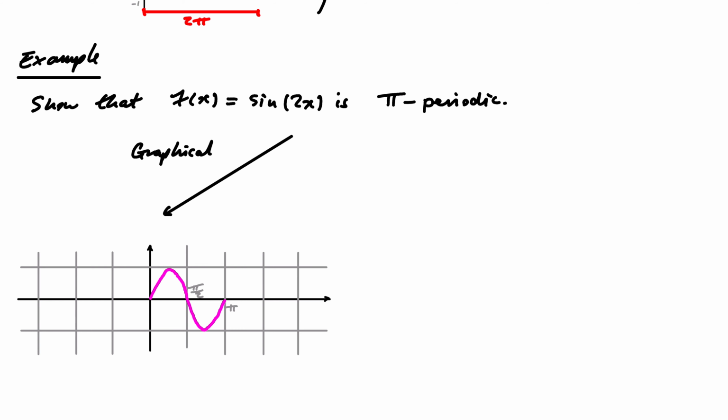So if I was to graph this or repeat it, nice, it would just be the same thing repeated in each direction. So it's the same basic story, it's just happening twice as quickly.